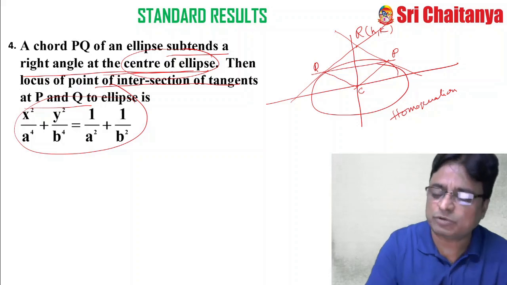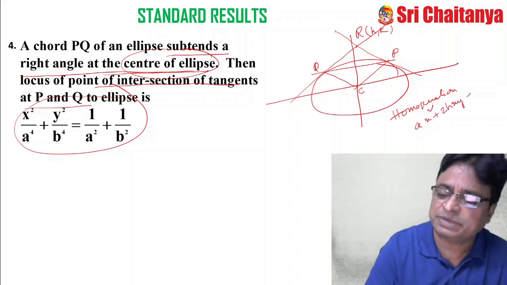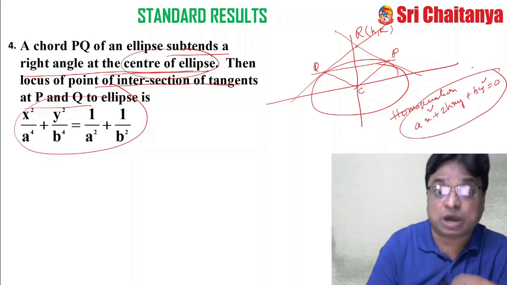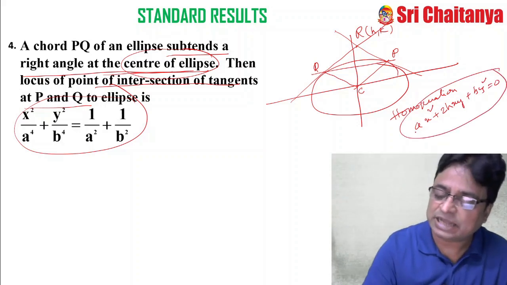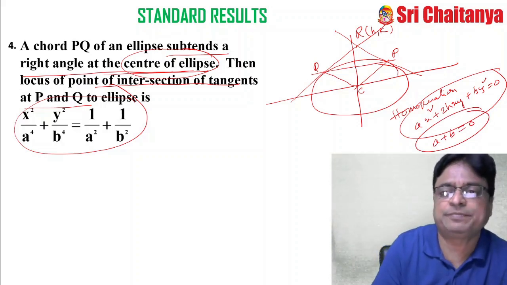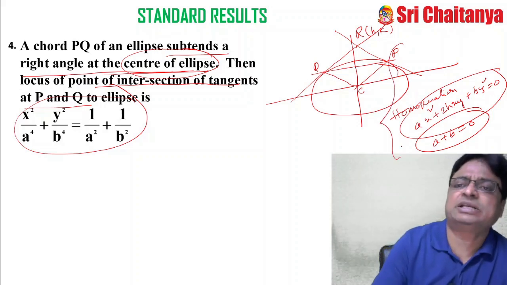If a second degree homogeneous equation ax square plus 2hxy plus by square equal to 0 represents a pair of lines passing through the origin, and the angle between the lines is 90 degrees, then the condition is a plus b equal to 0. That is, coefficient of x square plus coefficient of y square equal to 0. These are the basic fundamentals one should learn and practice.